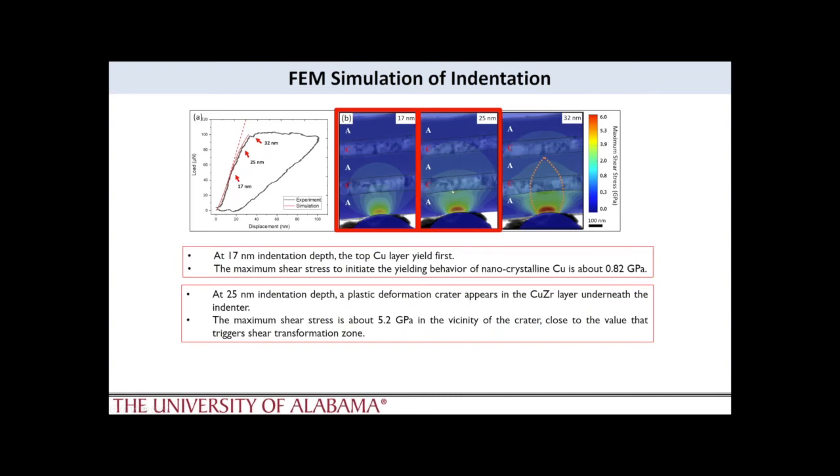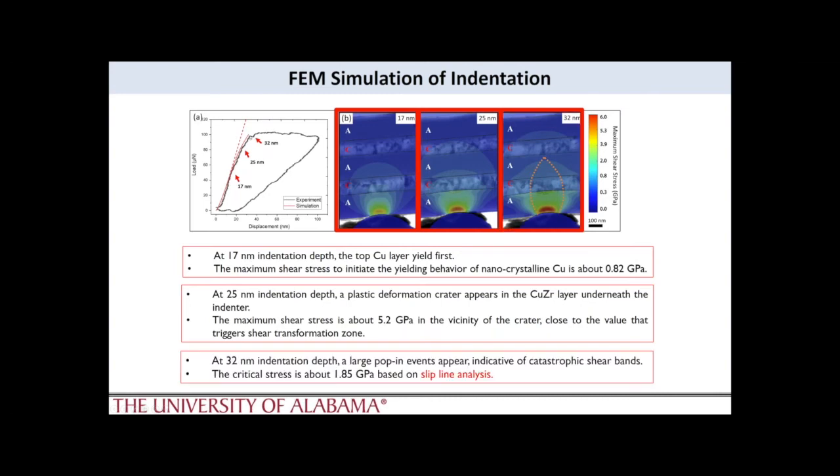Using the same model, we go further, and at 32 nanometers in, we clearly see this discontinuity, if you will, or shift, which is related to a pop-in event of a shear band propagating, and it's typically considered a kind of catastrophic event, and this occurs again at 1.85 nanometers.